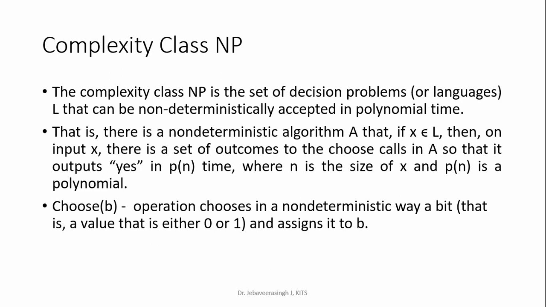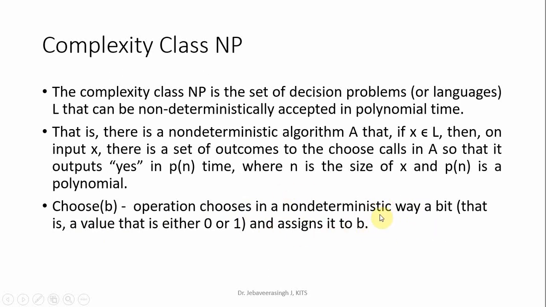If there is a non-deterministic algorithm A, similar to the previous definition, where X is the input and L is the language, then for input X it will have different options to choose from. If it is positive in polynomial time and the algorithm is non-deterministic, then it is known as an NP problem. Choose B is an operation that chooses in a non-deterministic way a bit and assigns it to B. What is non-deterministic?